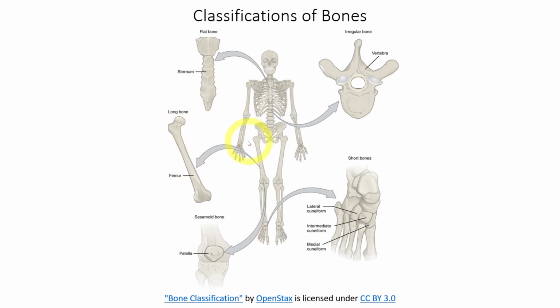Flat bones, also a very common category of bone. The sternum is basically 3 fused bones, one here, this long one, and this one, in the middle of the rib cage. The bones of the skull are flat, the bones of the pelvis are flat. And flat bones usually have a lot of red bone marrow in them.